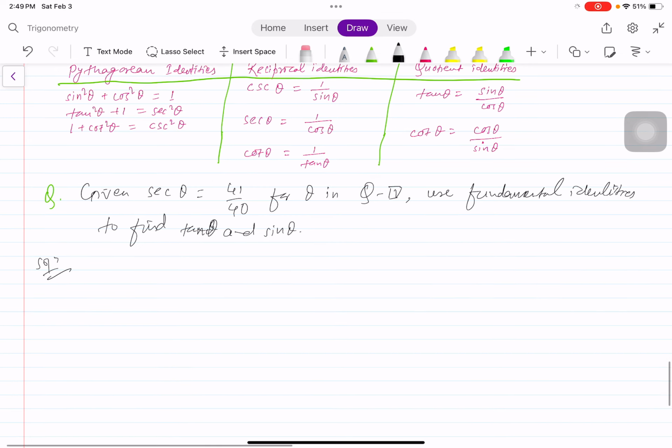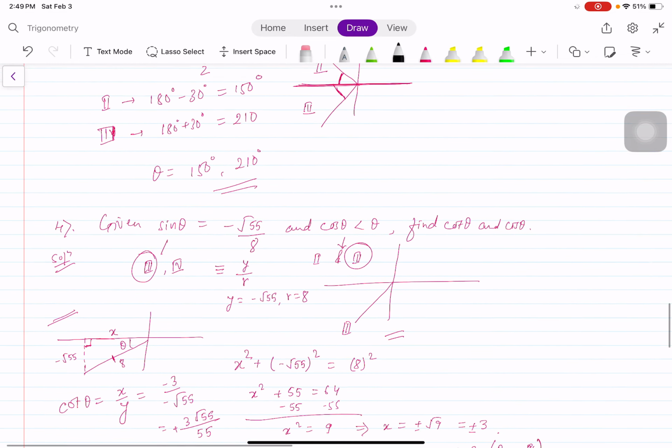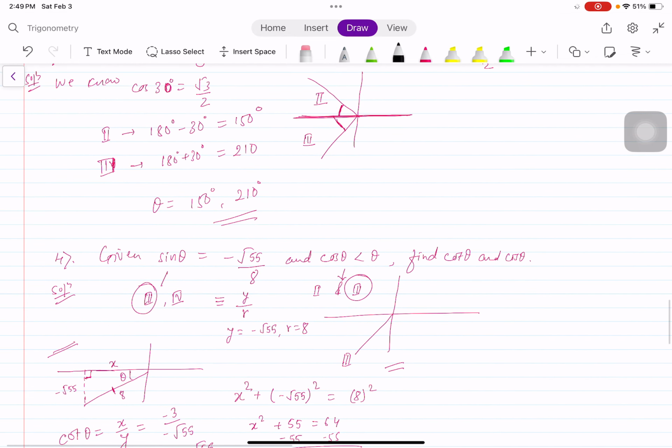Since the instruction says use fundamental identities, we will use only these listed identities over here to solve this problem. To find the values of tangent theta and sine theta, we will not use the previous concept like we used before. So how to start?